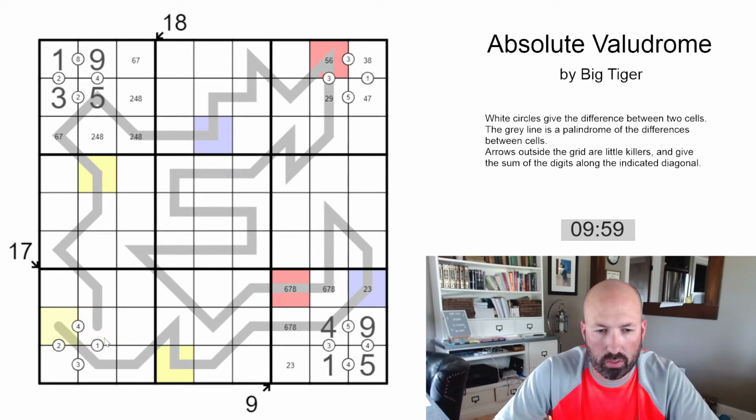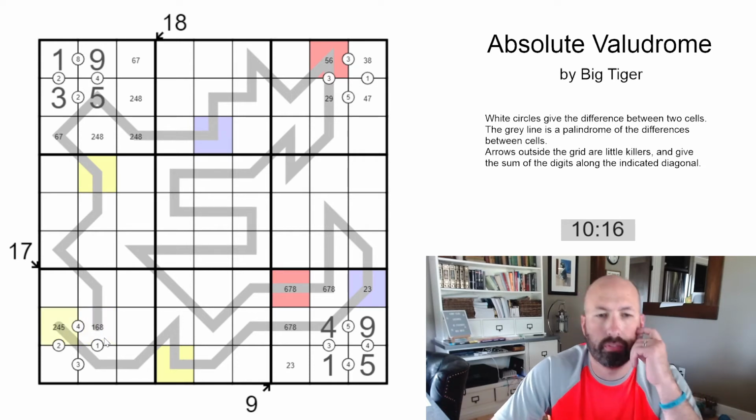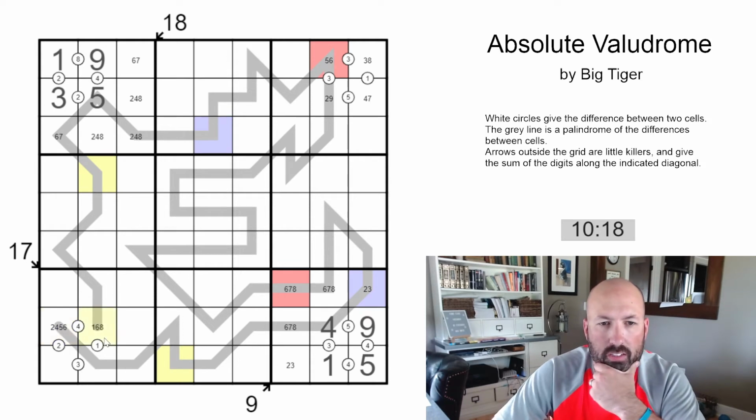Let's look at the 4. So this can't be 1. It could be 2 and 6. That would work. Can't be 3. Could it be 4 and 8? I think so. 5 and it can't be 9, but it could be 5 and 1. 6 and 2, 7 and 3.